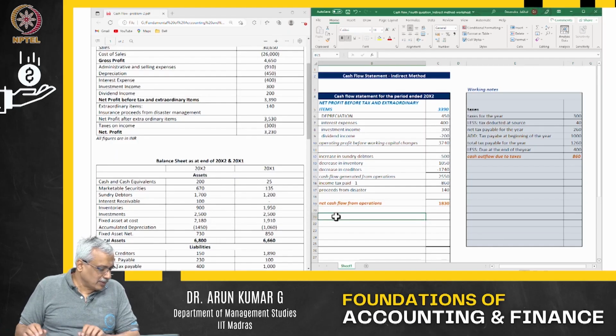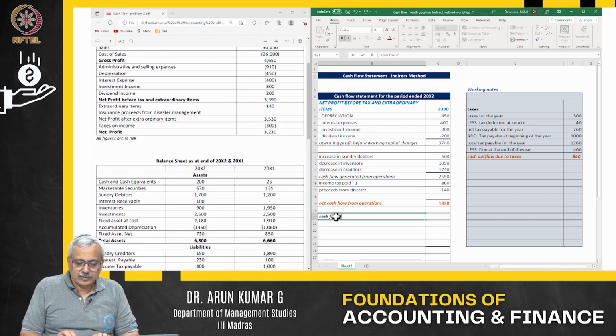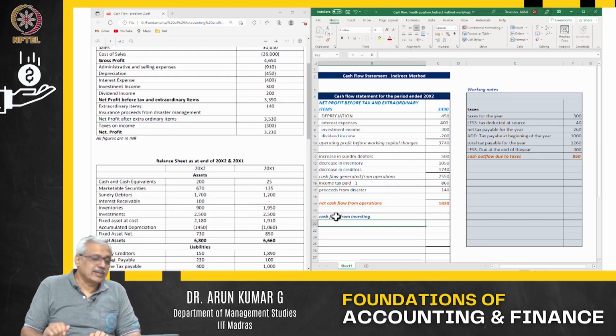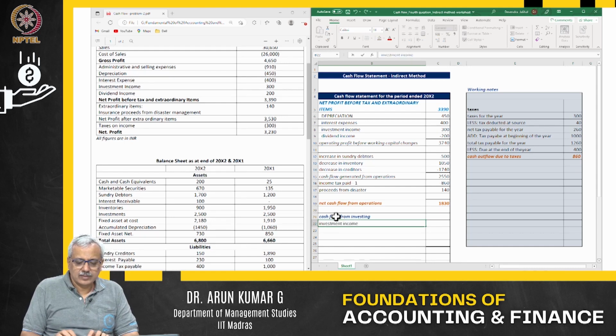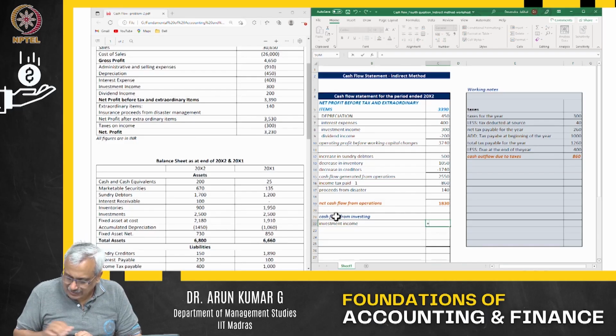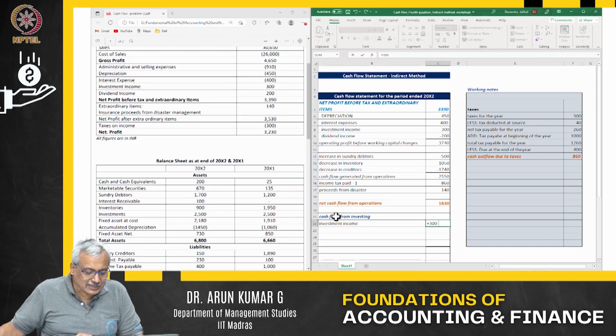Next, let us look at cash flow from investing activity. What is the investing activity? Investment income. The investment income is $300. I am yet to receive, as you can see in the earlier statement, interest receivable of 100.